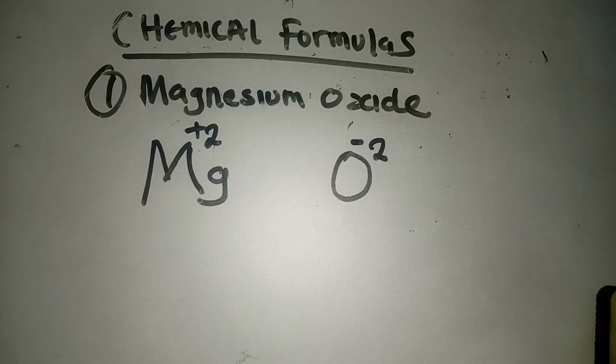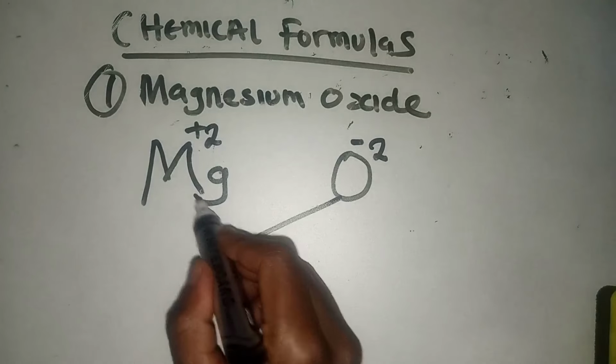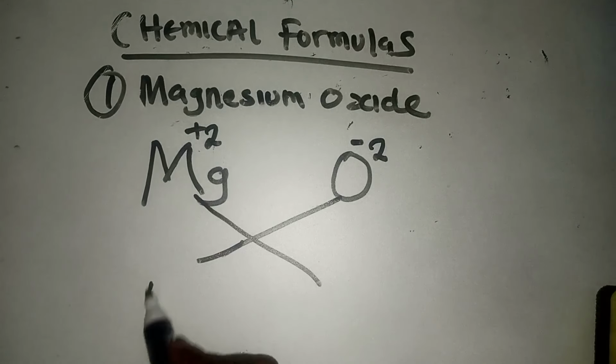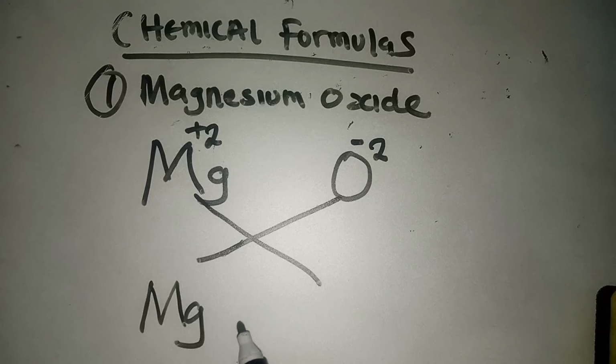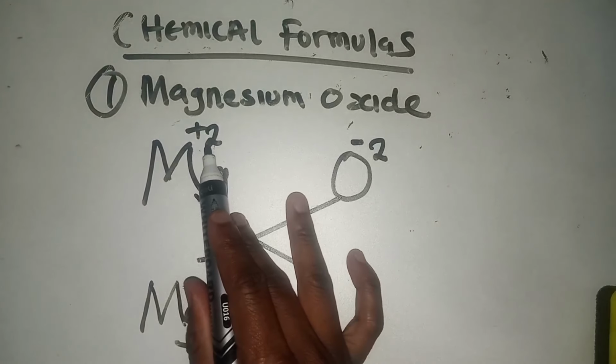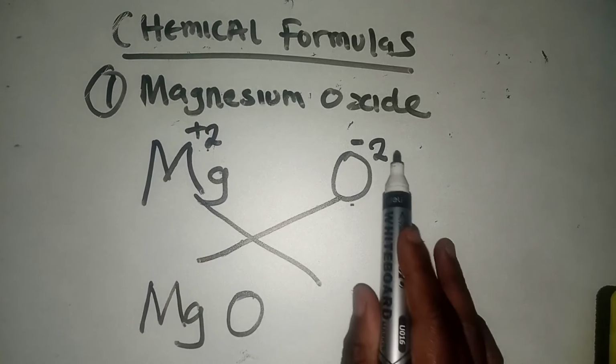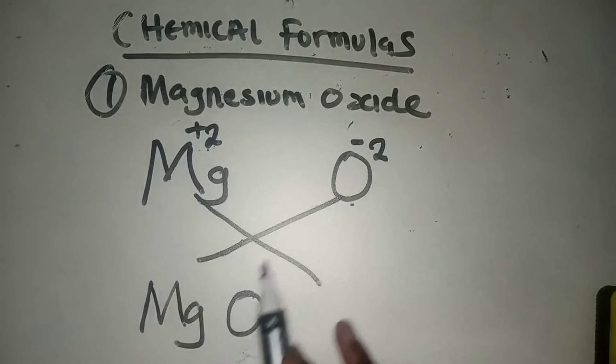What you do is simply cross, like this. By crossing I mean the valence number for magnesium should go to oxygen, and the valence number for oxygen should go to magnesium.